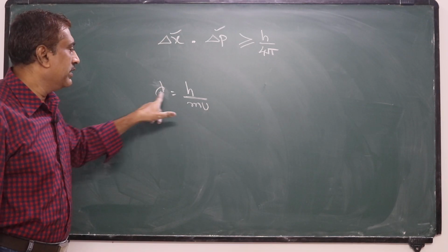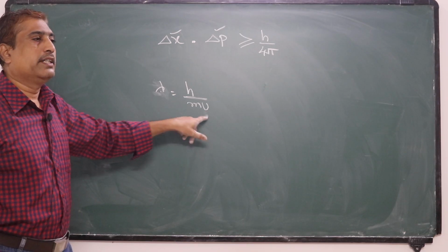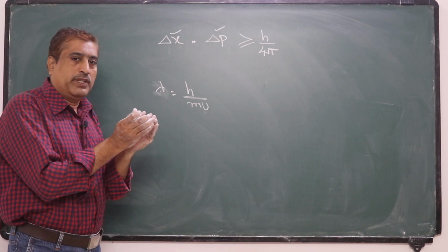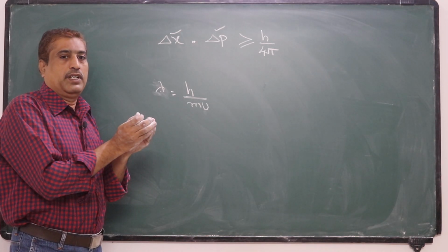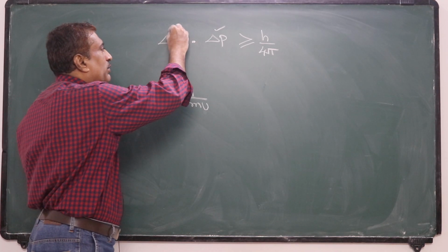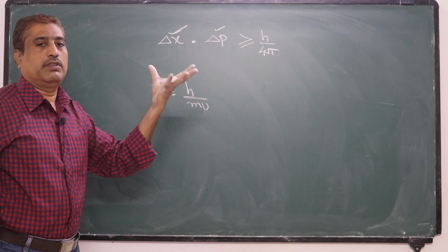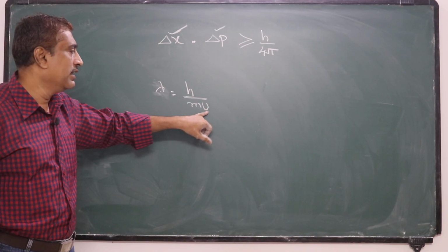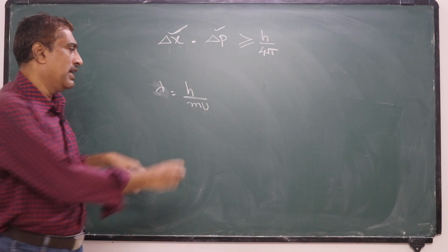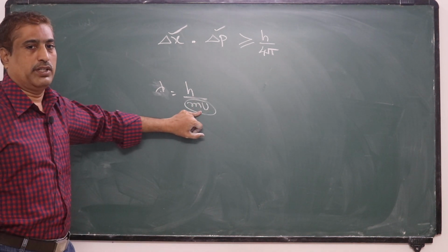That means if the wavelength is small, the region occupied by this wave is small. So we can find out the position of the body accurately, but it spreads out with greater velocity. So we cannot measure the momentum accurately, because mass into velocity is momentum.